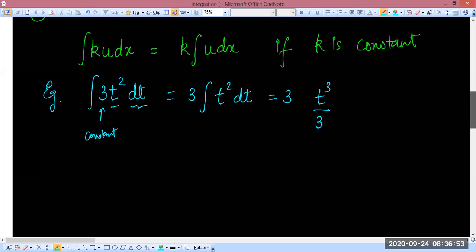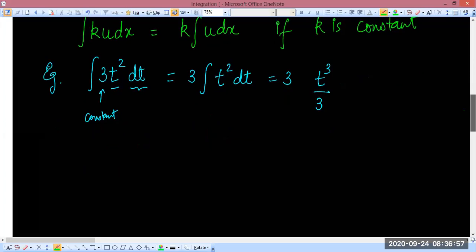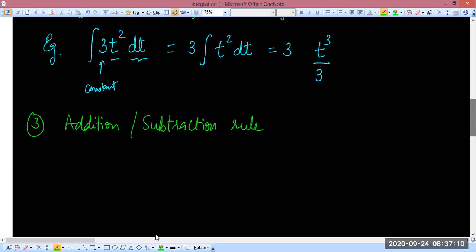Okay. Next rule. I hope everyone is making a list of the rules. Number 3: addition subtraction rule. This is so easy. Let me write the rule first.